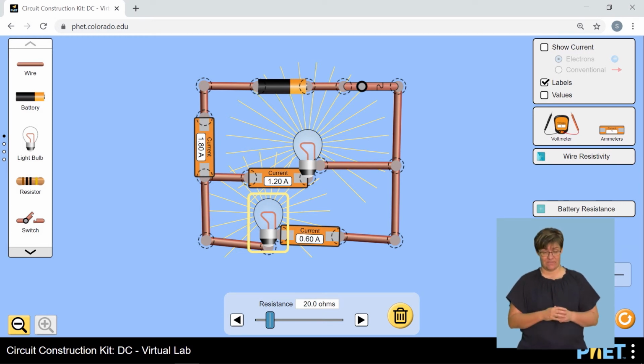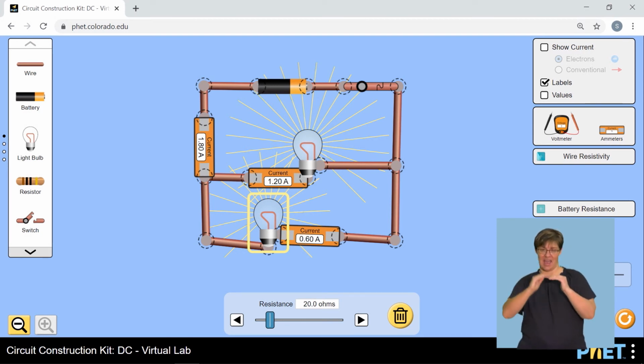It's very important to also notice that the current that goes through R1 is double the current that goes through R2. So R2 has a higher resistance, which explains why the current is lower. This comes from our understanding of Ohm's law.